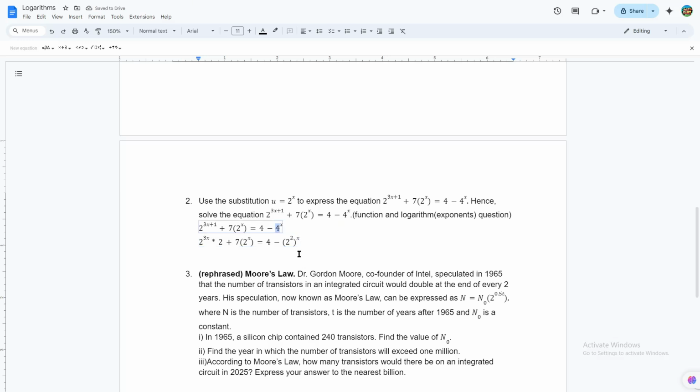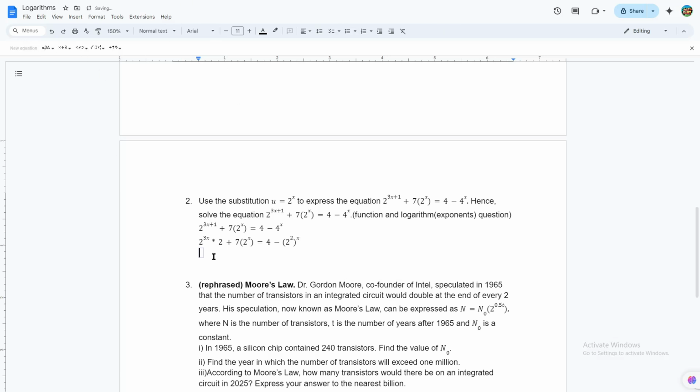You see, 4 equals 2 to the power of 2, and we got an exponent x here. So we've got 2 to the power of 3x, which is the same logic for this one.